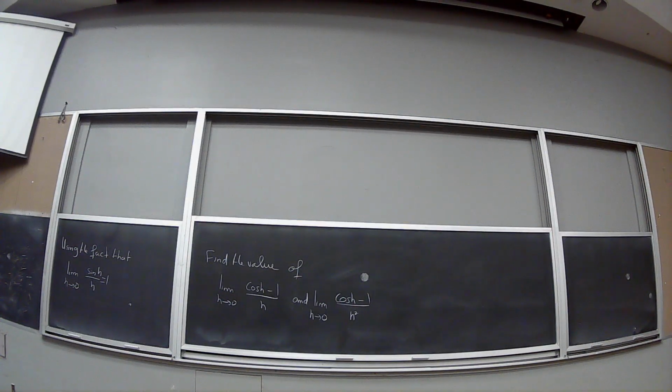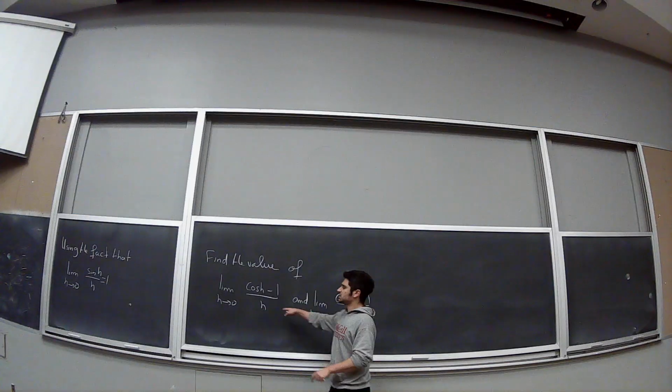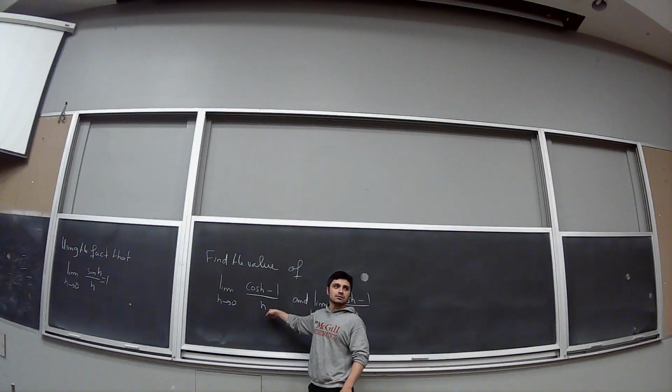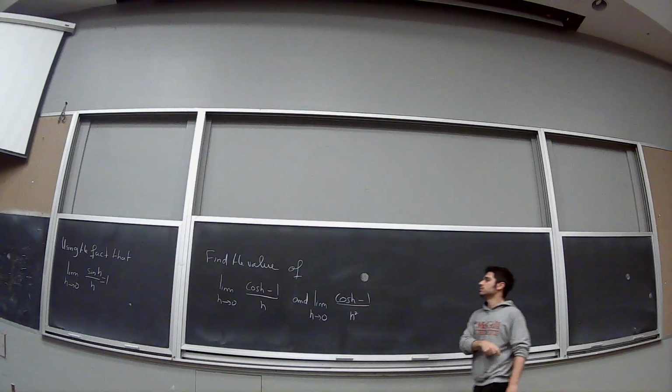And let us try to find these two limits using the fact that sine h over h equals 1 when h approaches 0. Now we know that this thing, what does it approach? 0, right? Let's prove this using sine h over h, and let's find this limit.